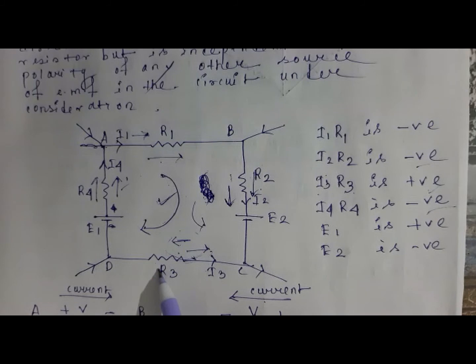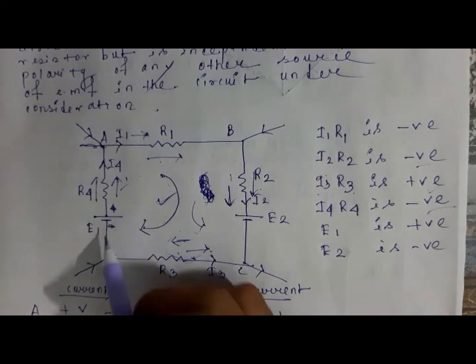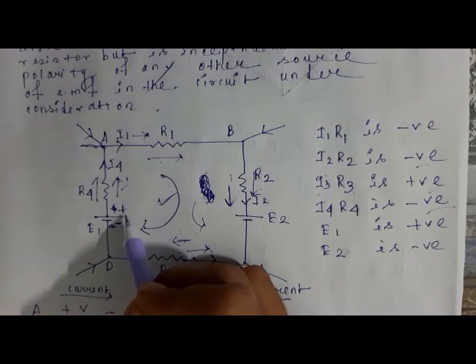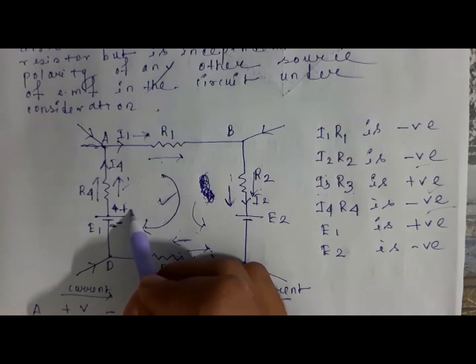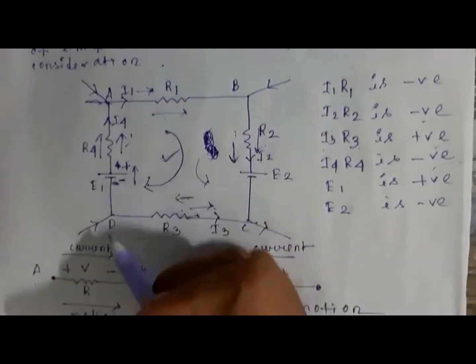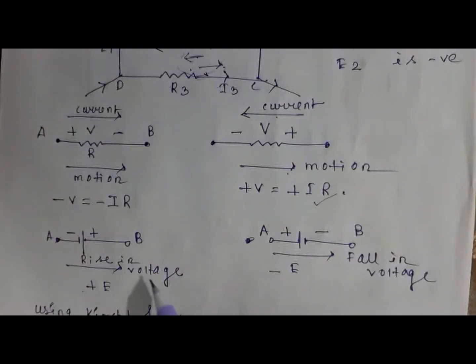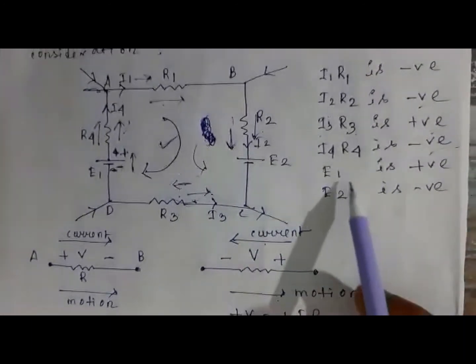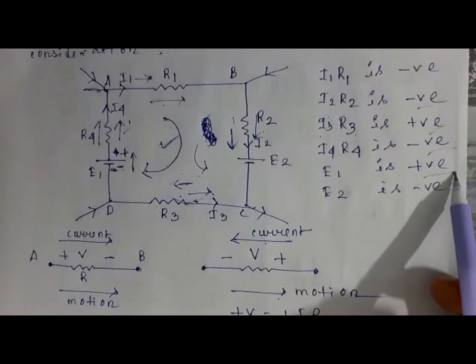Now coming to the EMFs, first E1. This is my negative, this is my positive. So here is a rise in voltage, from negative to positive. When we see a rise in voltage, we give a positive sign. So my E1 is going to be positive.